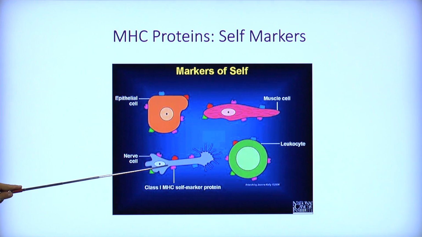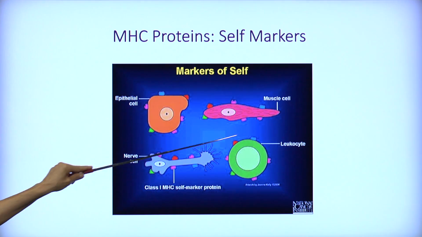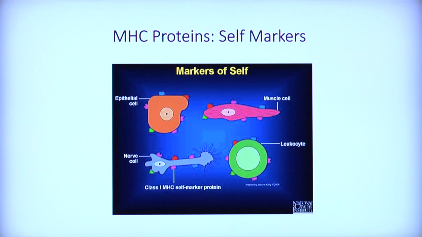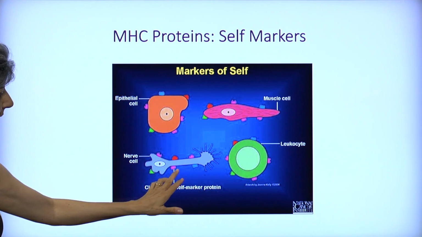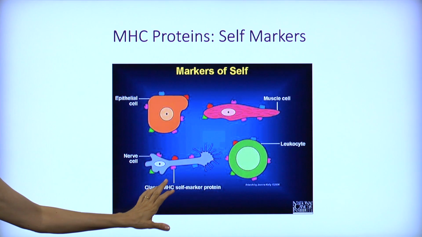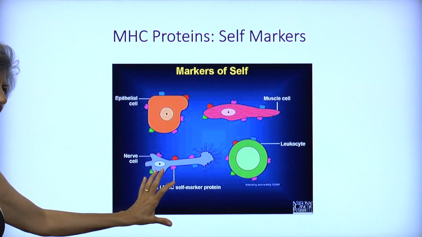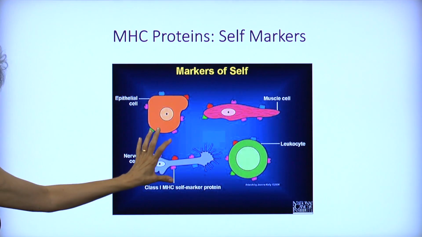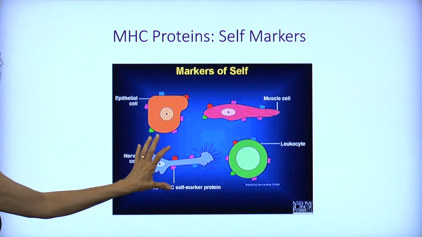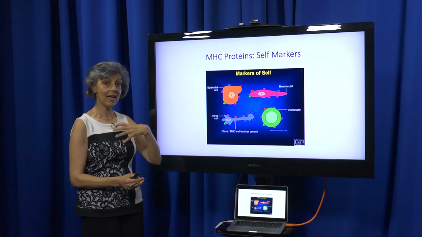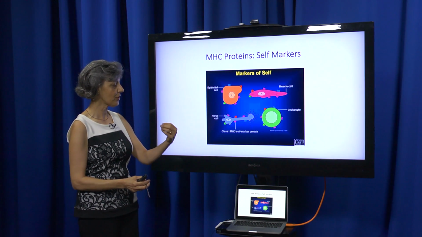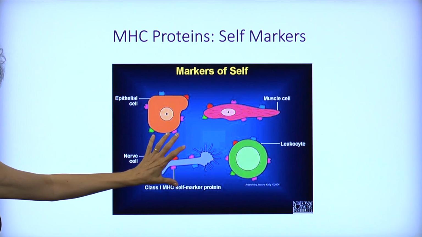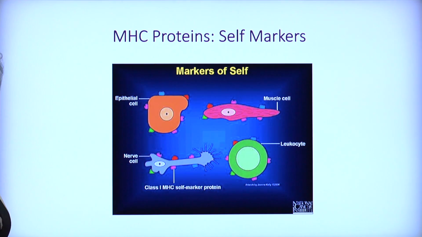It has to be present on the surface of my body cells so that when the immune cells come and they are checking the cell, they can see the self marker and they will not attack my own body cells. So their function is for self-recognition, to help the B cells and the T cells know this belongs to my body. We will not attack it.